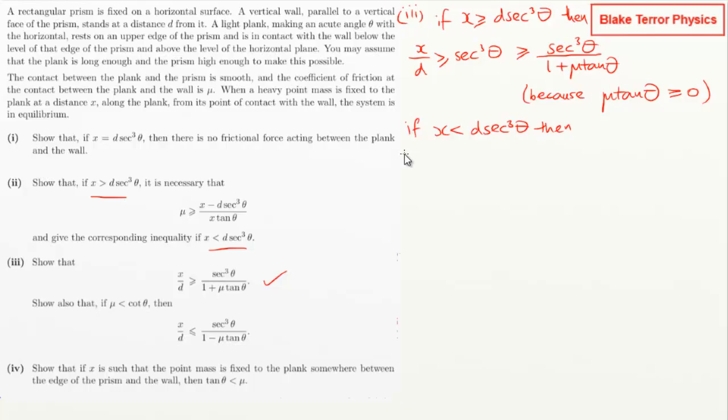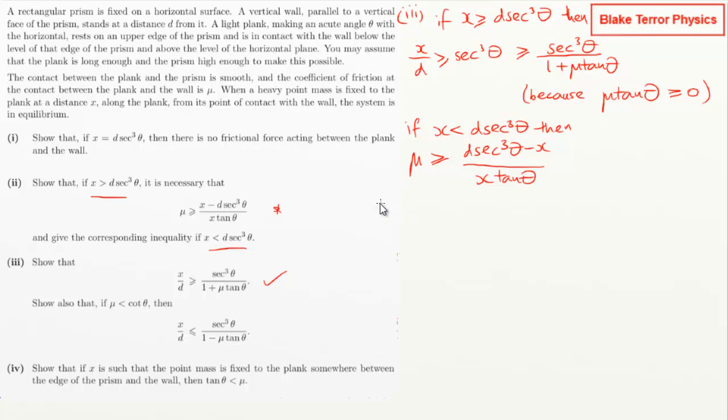So I'm going to have to say then, so what was it for this one? So mu was greater than or equal to, it was this with a flipped sign. d sec cubed theta minus x over x tan theta. Okay, so I've got that, which means I want to get these x's factorized.